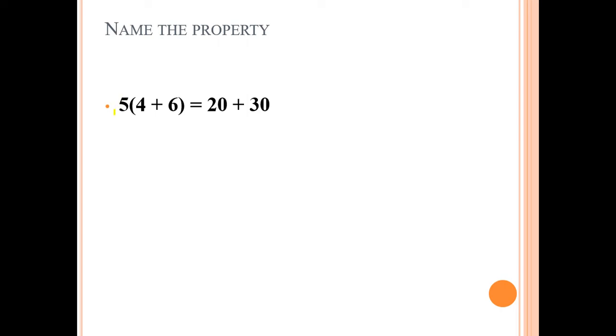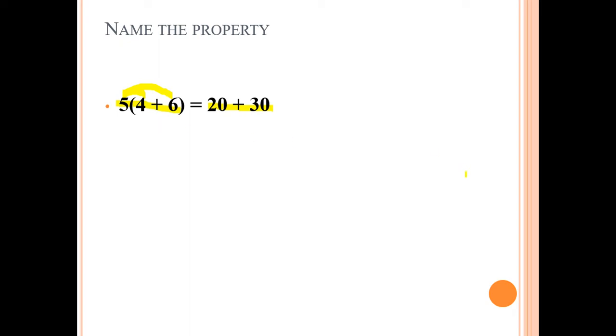If we have the expression 5 times 4 plus 6 is equal to 20 plus 30, how do we know that this is equal to this? Well, we know that if we're solving an equation, we have to take this 5 and distribute it to each of these numbers inside of the parentheses.